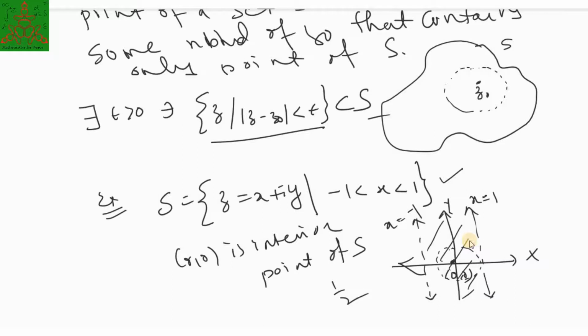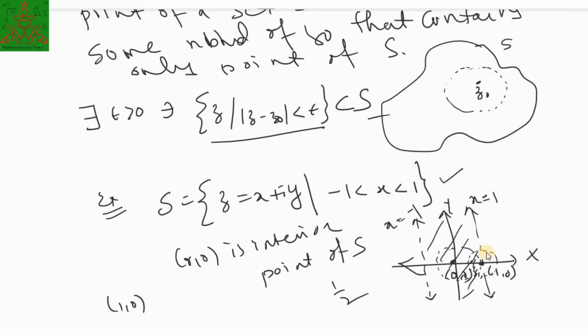But the point (1, 0) is not an interior point, because if you draw any neighborhood of this point (1, 0), some portion lies inside, and the other portion does not lie inside the set S. So that's why (1, 0) is not an interior point of the given set S.